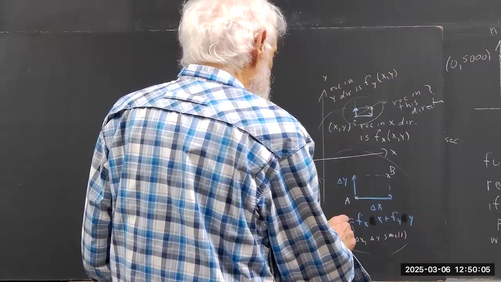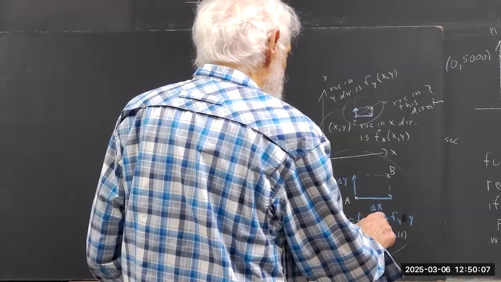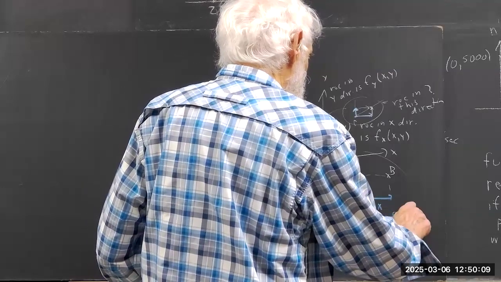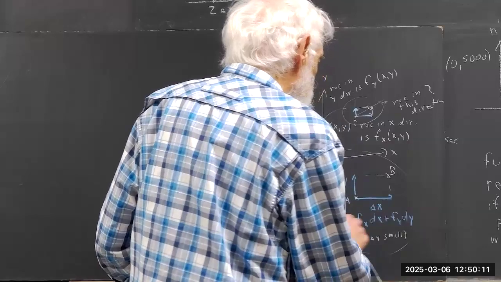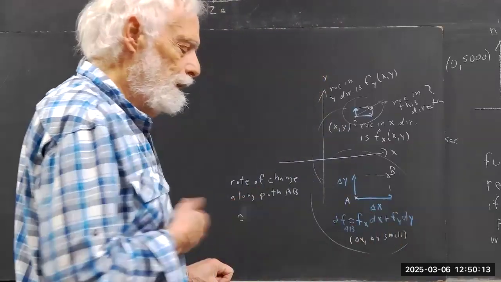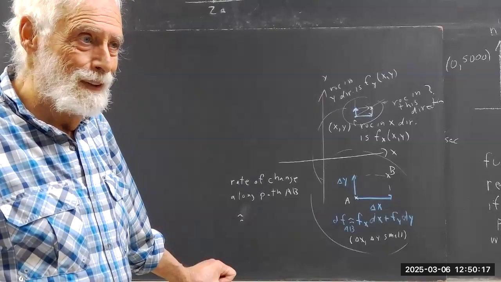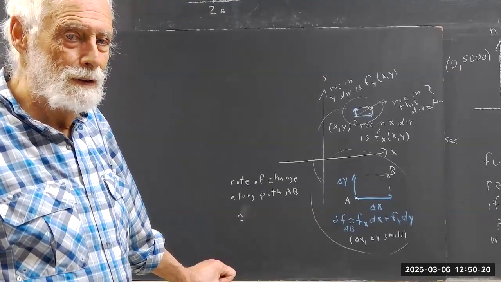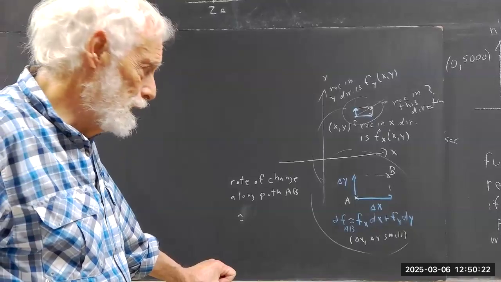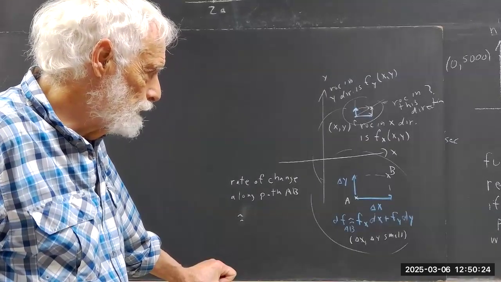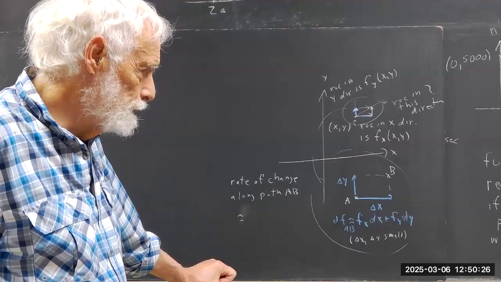If we're doing differentials, we write a df and a dx and a dy, even though df, dx, and dy generally refer to infinitesimal quantities that approach zero. The whole concept of infinitesimal is a little ambiguous.